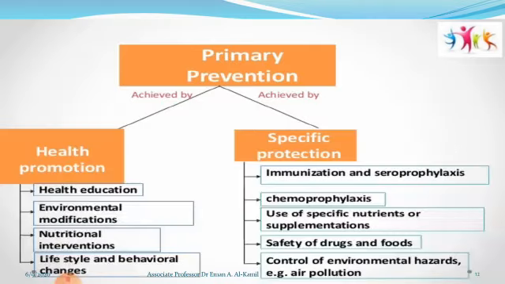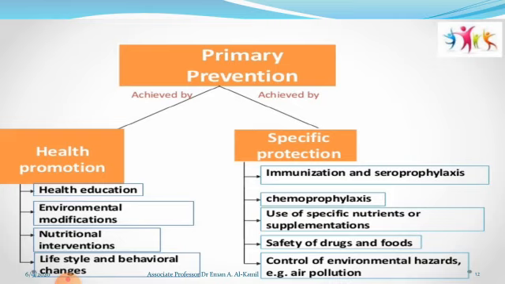So there are two types of methods to achieve primary prevention: first, health promotion, and second, specific protection. An example of health promotion, which we have already discussed, is health education. Health education should be involved in different aspects or different stages of life according to the program which we are going to establish.